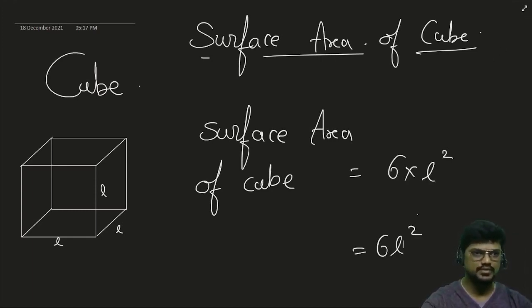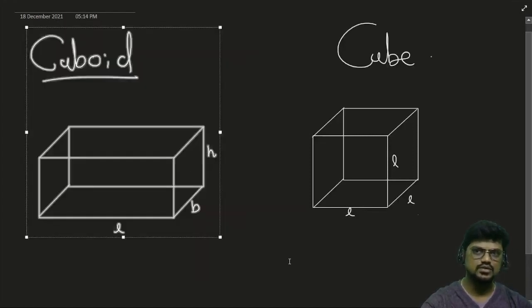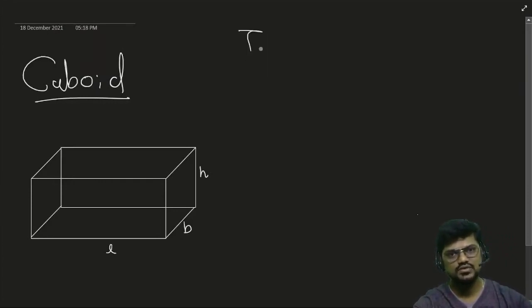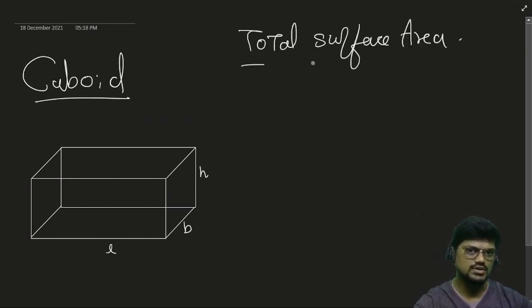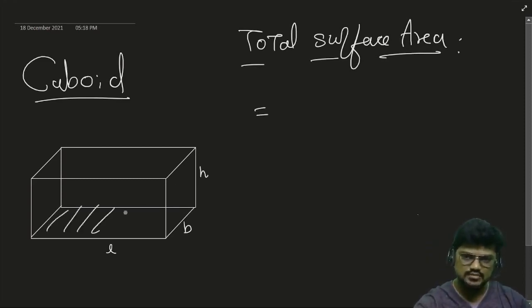Similarly, if it is a cuboid, if I want to find the total surface area, so how much will I get? See, this area, if I say this area will be length into breadth. Yes or no?